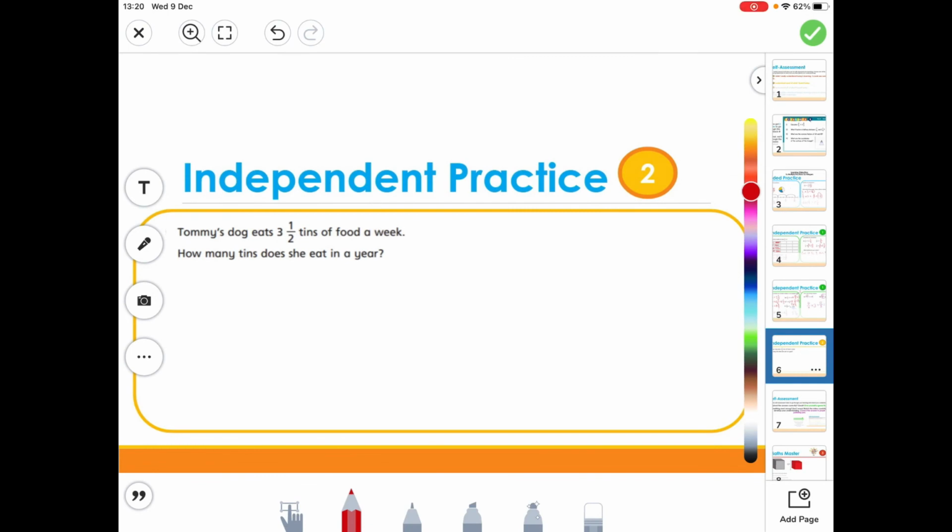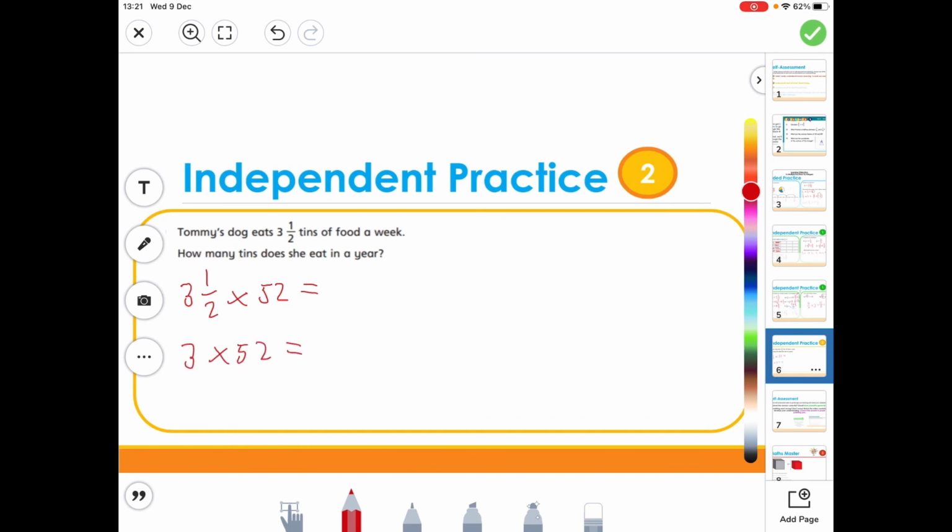Okay, Tommy's dog eats 3.5 tins of food in a week. How many tins does she eat in a year? So the number sentence is 3.5 multiplied by 52, because there are 52 weeks in a year. Okay, let's multiply the whole number first. 3 times 52.